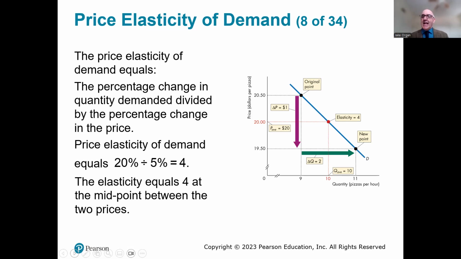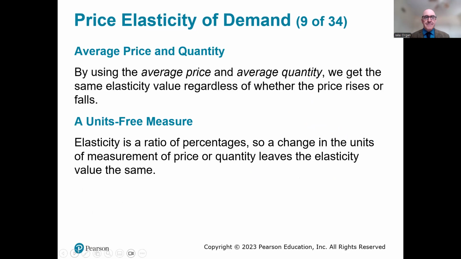Now obviously that elasticity is going to be different at different points on the line. And that's why we have to do an average of those 2 points. I'll show you the mathematics of it in a second.